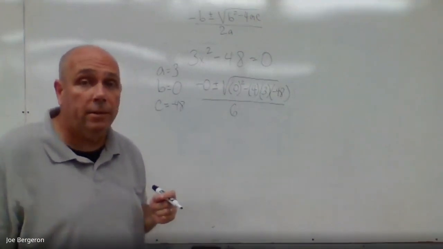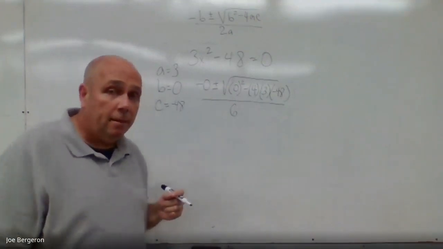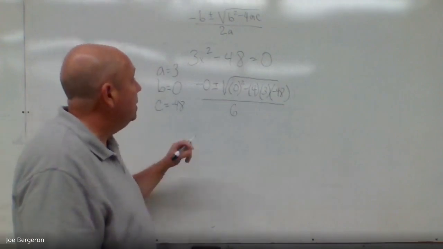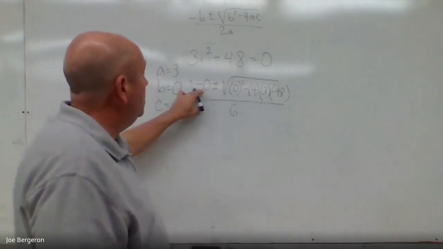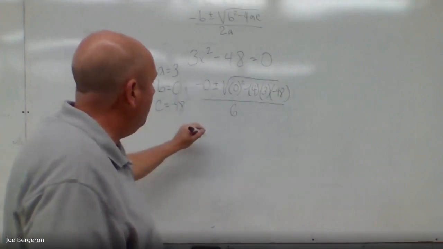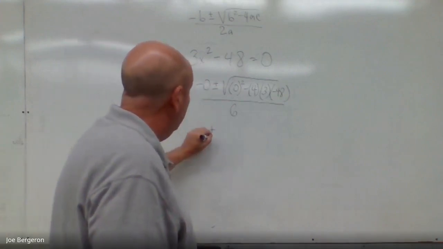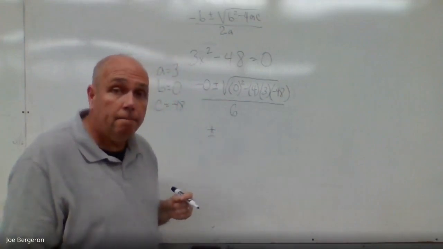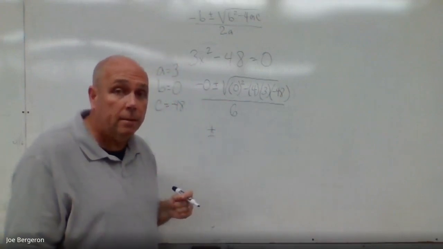It's a whole lot of zeros, isn't it? It's okay. We're going to make it through. So, do we need the negative 0? Well, no. We don't even have to worry about that. But we do have to remember the plus and minus, right? We'll have to remember the plus and minus.